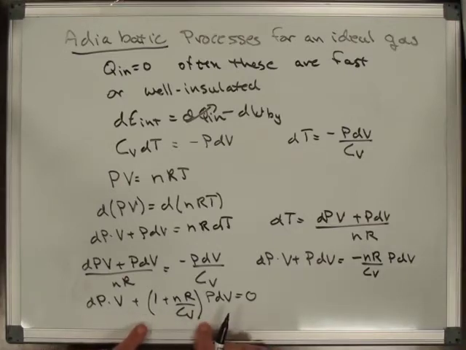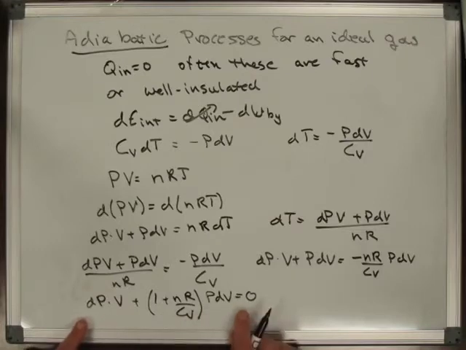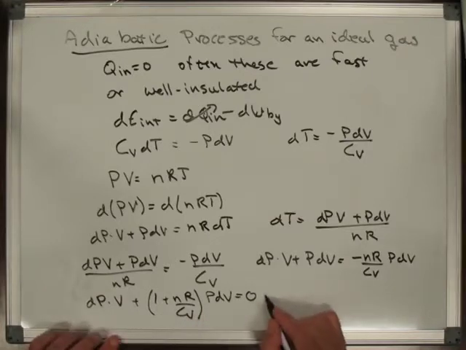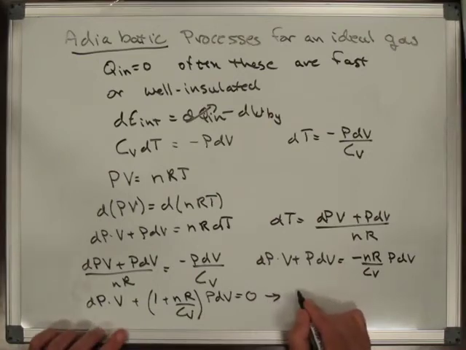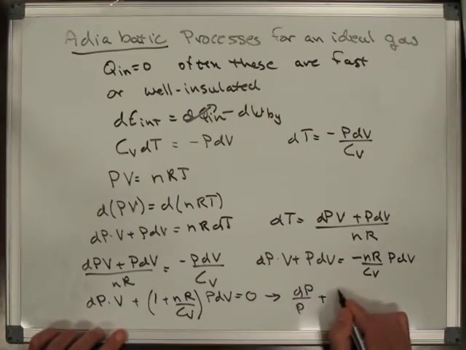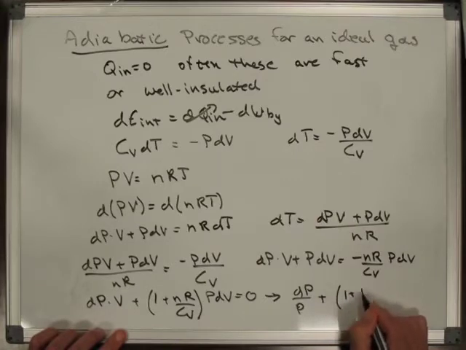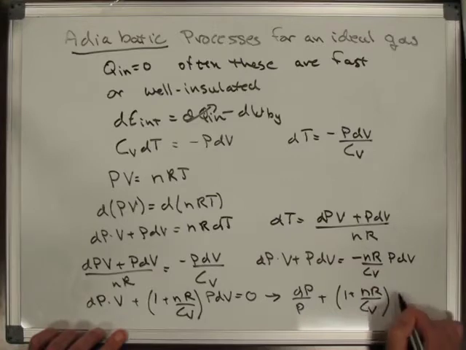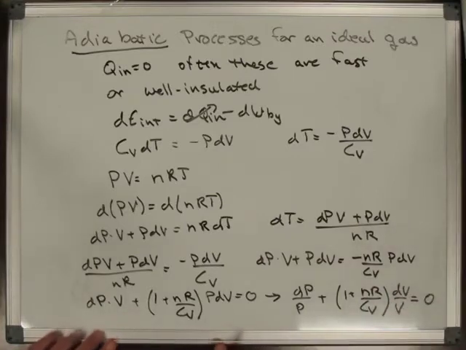And now I'm going to divide through by P, and I'm going to divide through by V. And so this equation becomes dP over P plus (1 plus nR over CV) dV over V equals 0.